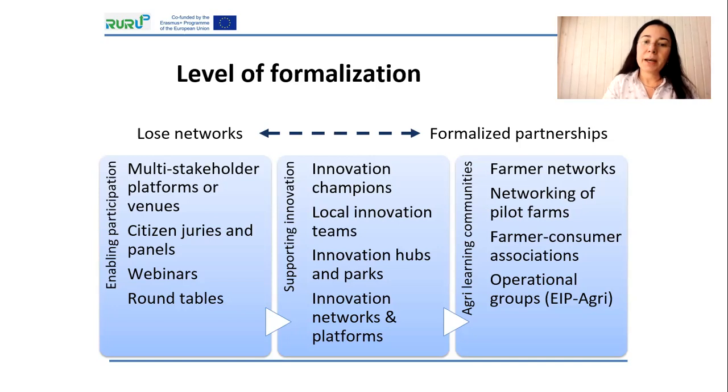specific agriculture-related learning communities where we have the farmer network or a network of pilot farms presenting certain types of innovation. We may have here in this level of formalization the operational groups under the European Innovation Partnership for Agriculture.